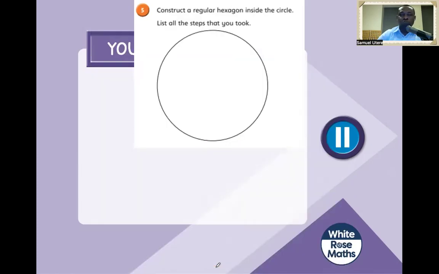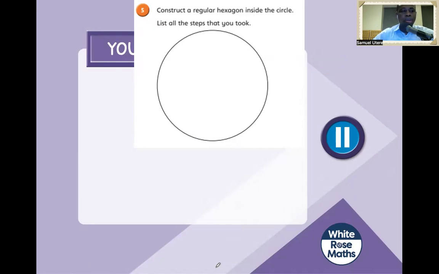All right. Next, you were asked to construct a regular hexagon inside the circle. List all the steps that you took. So we're going to head over to our construction tool so that we can demonstrate this.